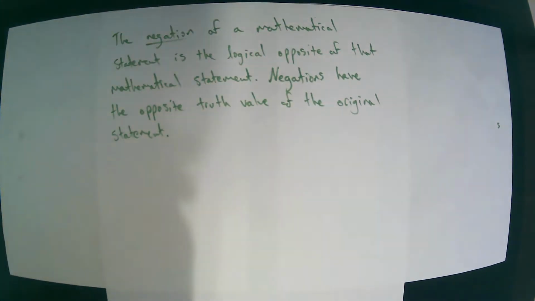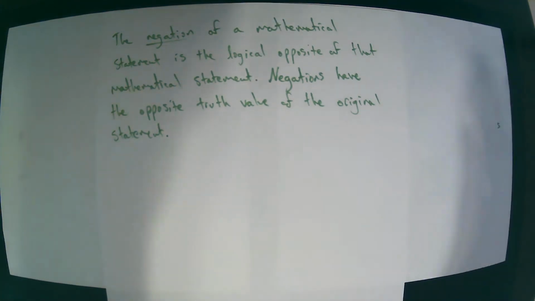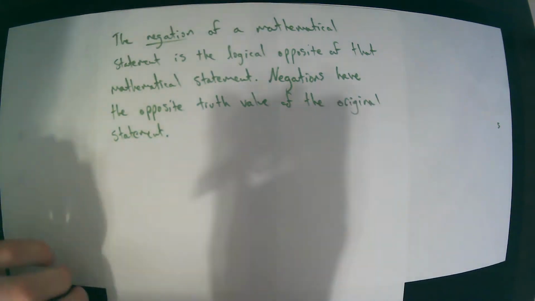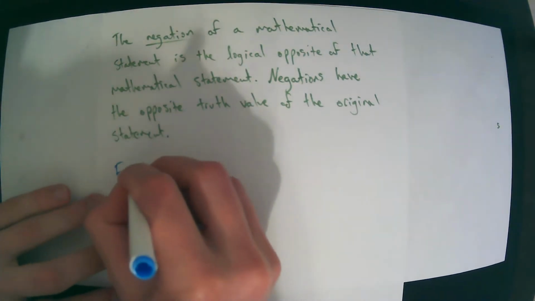So if a statement is true, its negation is false, etc. Okay. Easy enough, right? And for some examples, it really is that easy.